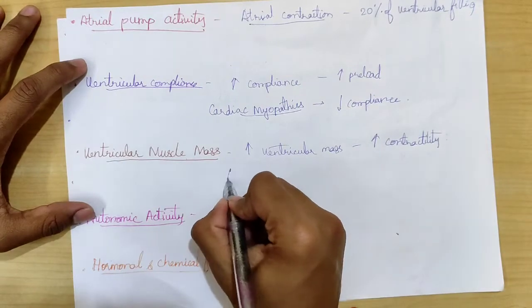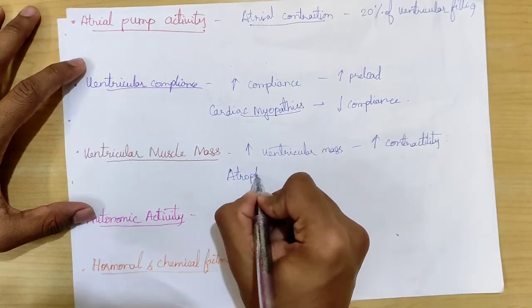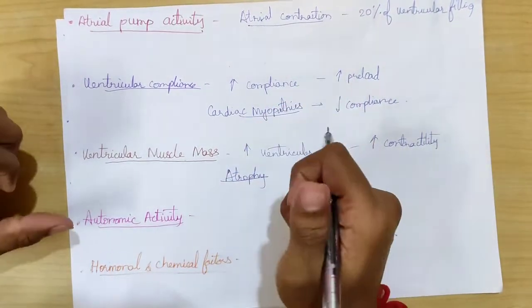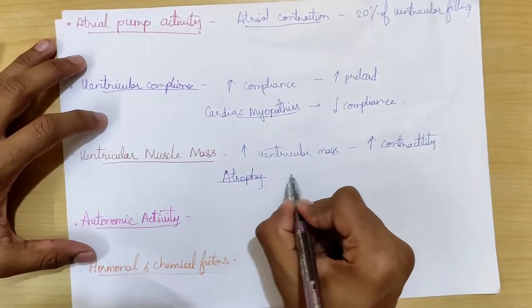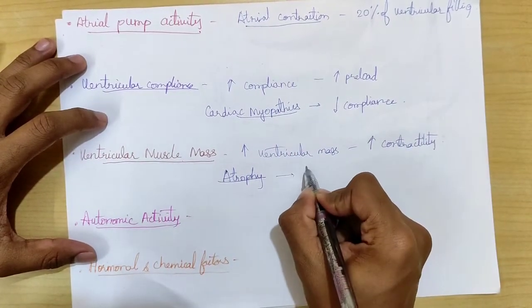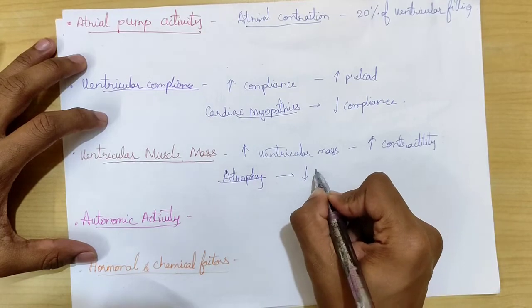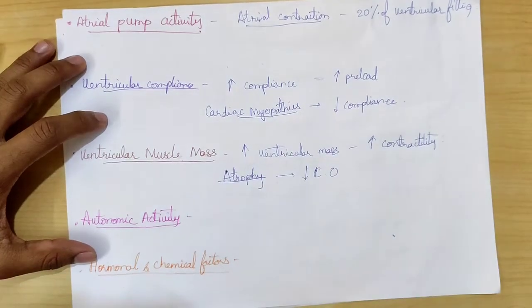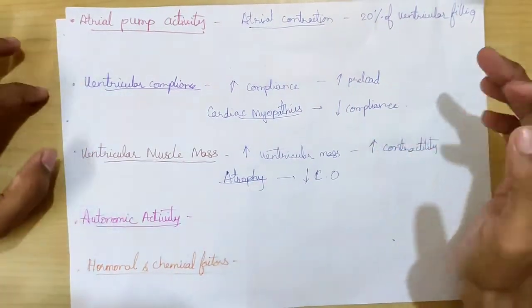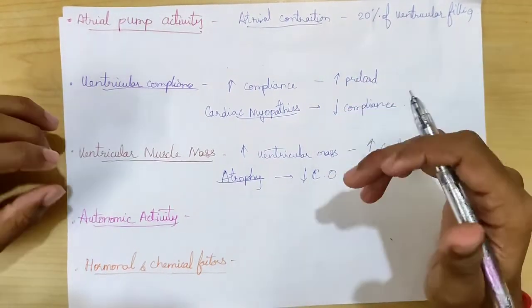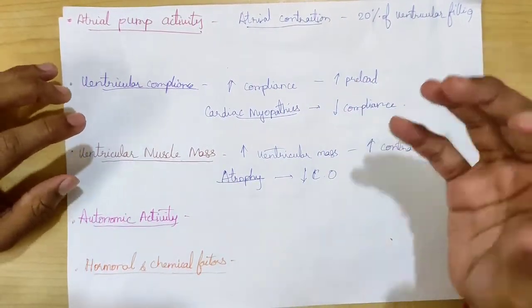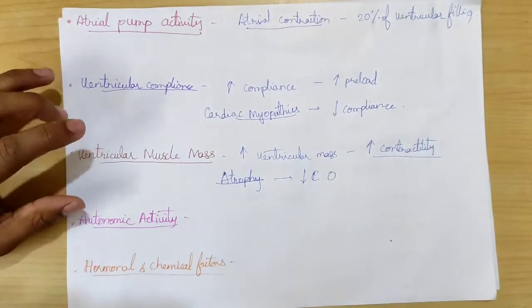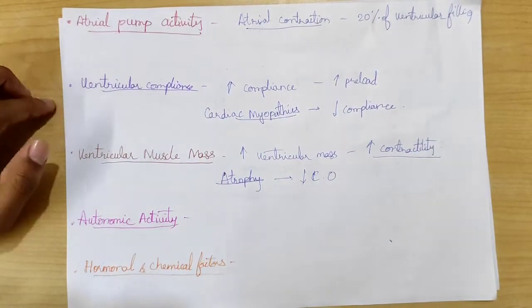In the cases of atrophy, which means the decrease in the ventricular muscle mass, there will be less contractility and therefore less cardiac output. In athletes, the ventricular mass increases. Therefore their cardiac output will be more due to the increased contractility or the inotropic state of the heart.